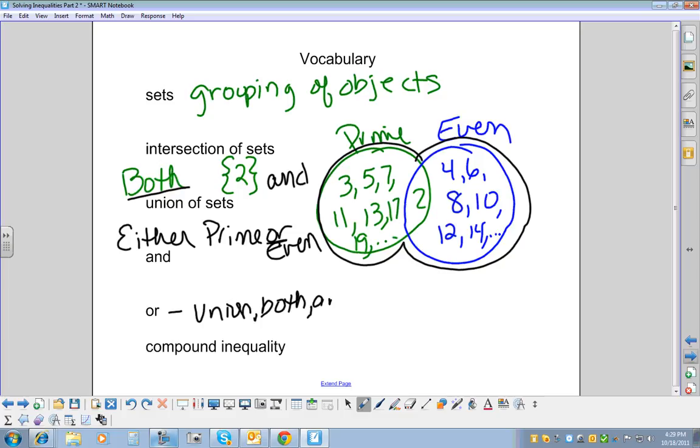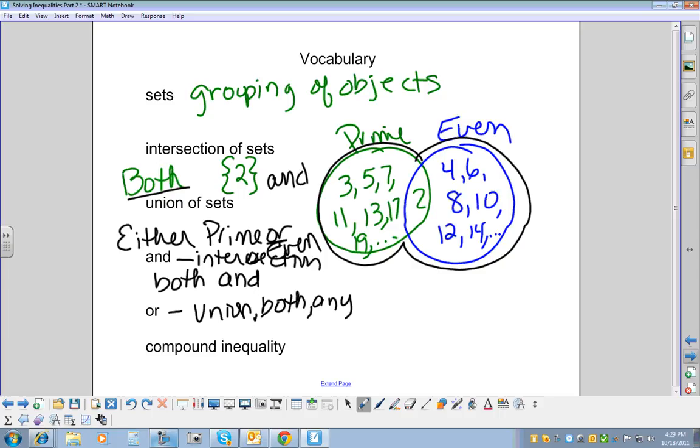Any. In any set. And the intersection of two sets is the element that is found in both sets. So the word might be both, or it is a prime number and it is an even number. So that's why 2 is the only number that falls in that set.